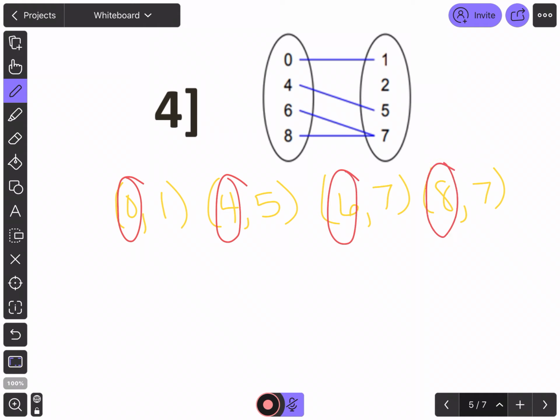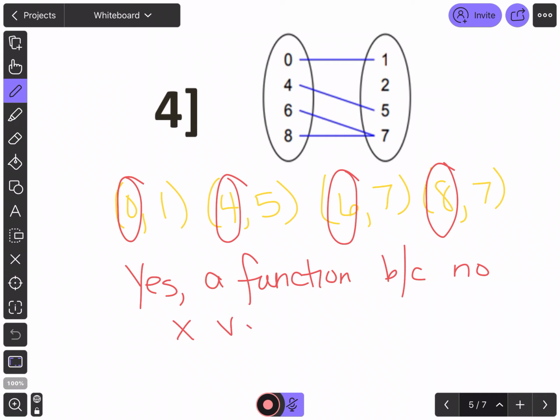Do any of those x values repeat? No, none of these x values repeat, so we can say yes, a function, because no x value repeats. It's okay for 2 people to share the same birthday, but it is not okay for one person to have 2 different birthdays.